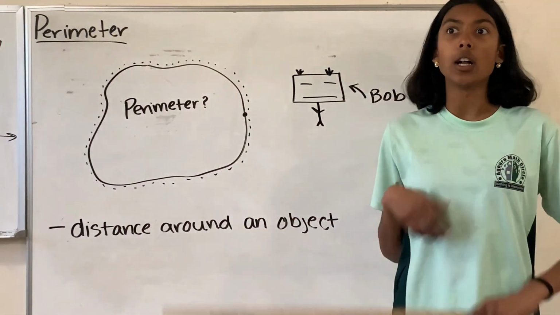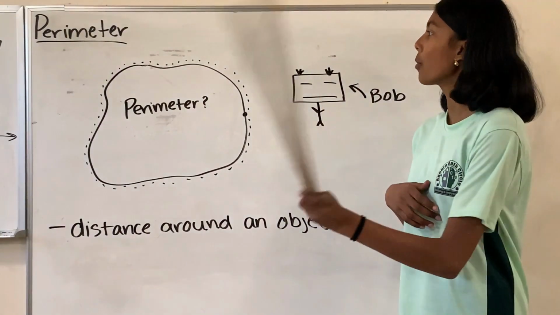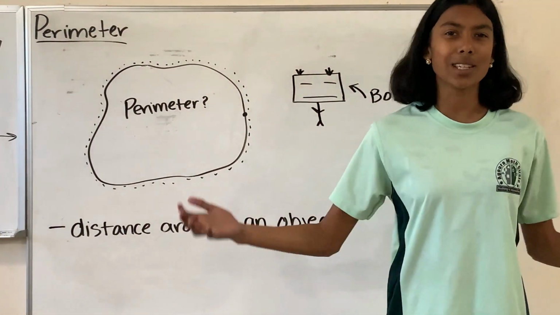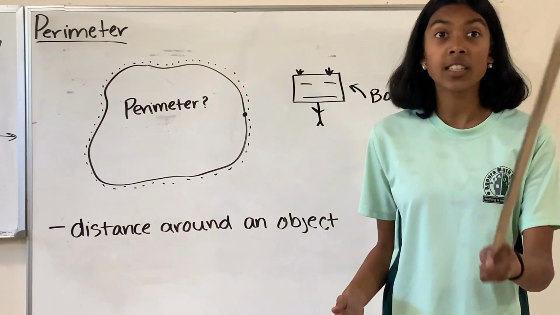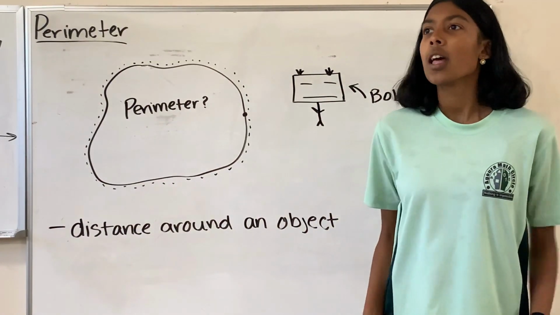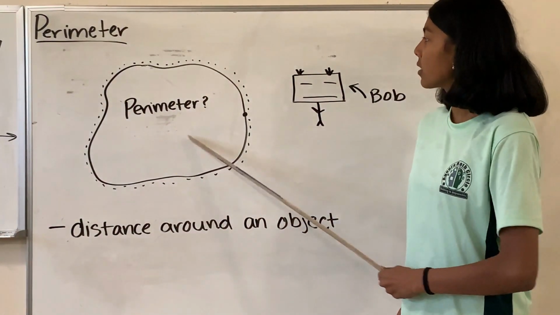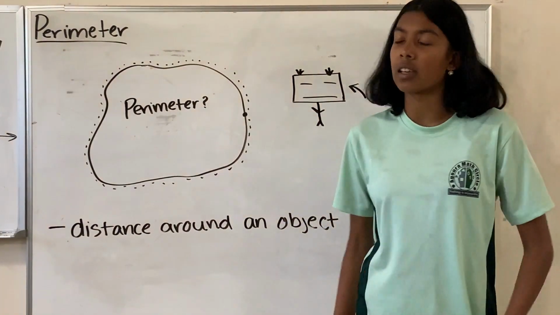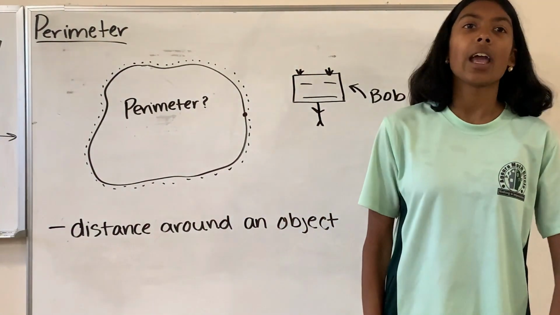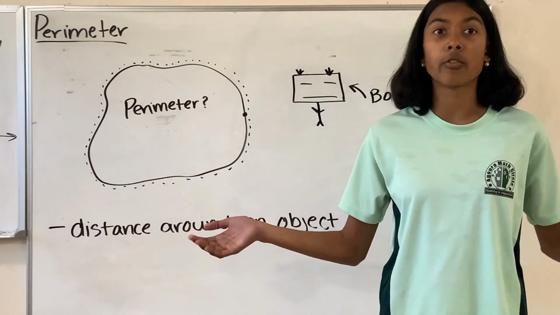So now let's move on to our second to last topic, perimeter. And so, what is perimeter? Let's use an example to show you what perimeter is. Let's say I want to find the perimeter of this weird blob thing, which is Agoura Hills.